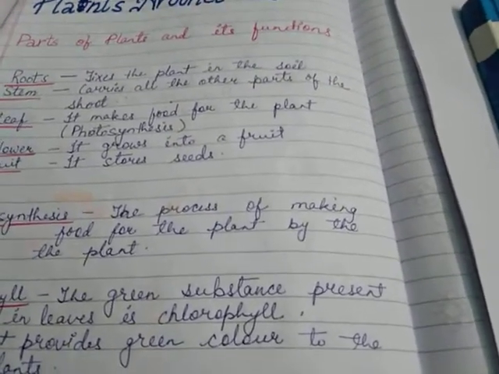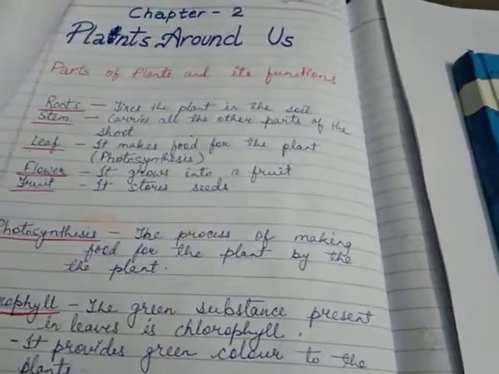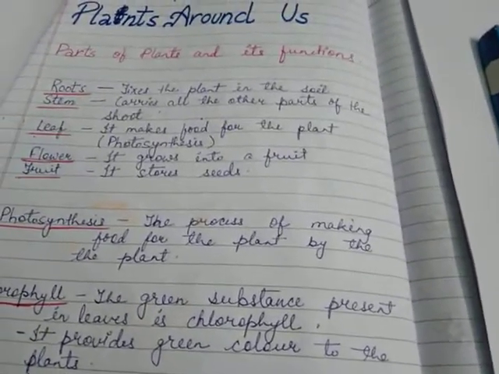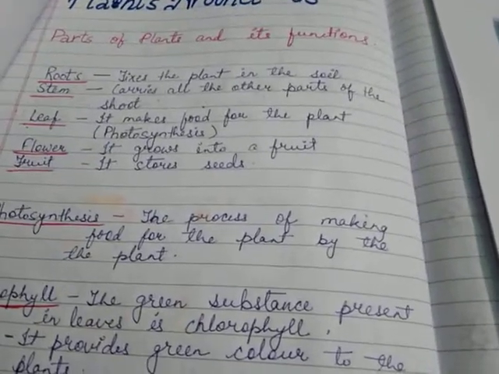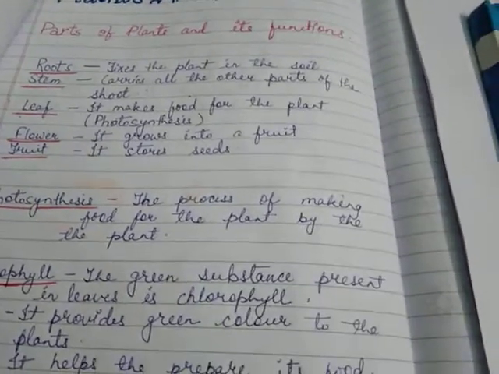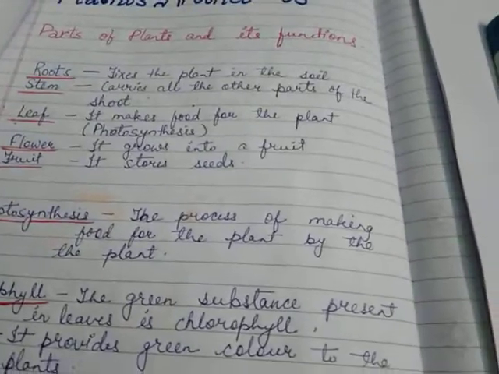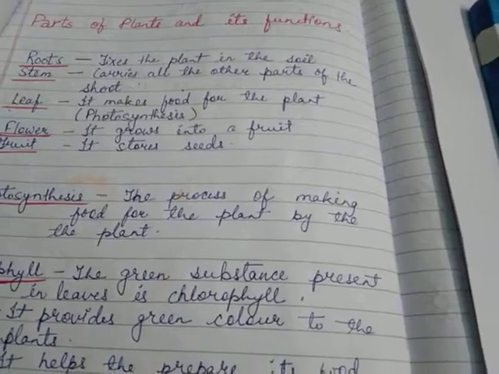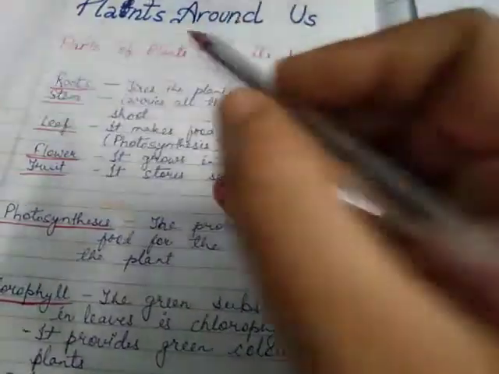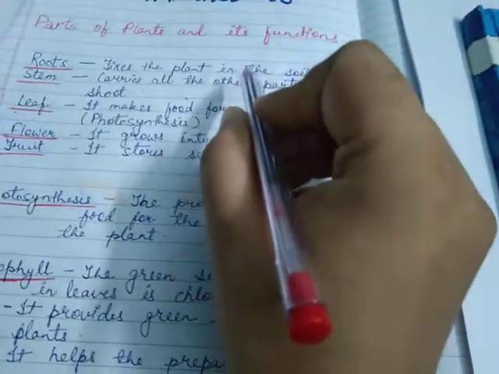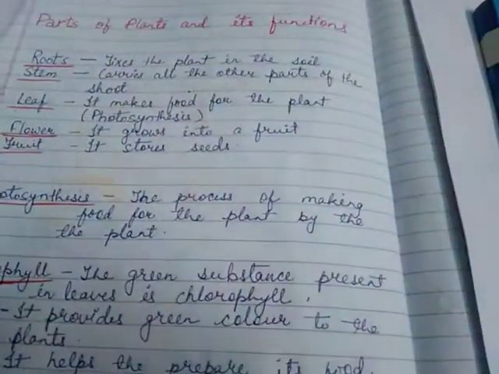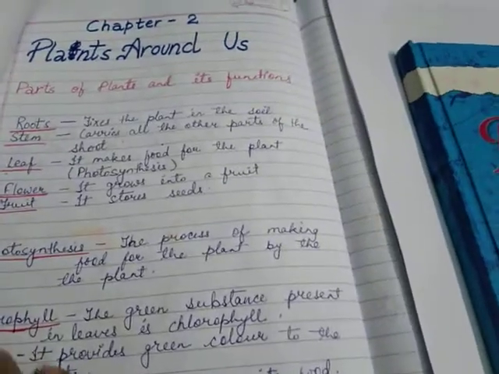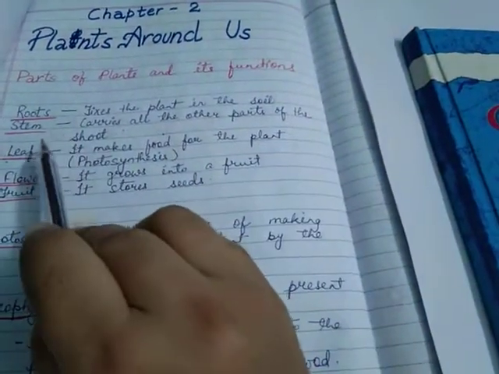If you put a seed into the soil and water that soil, after a few days you will find that a new plant arises from the soil. The root goes inside the soil and the shoot part arises out of the soil, and the root which remains inside the soil fixes the plant into the soil and keeps it upright.